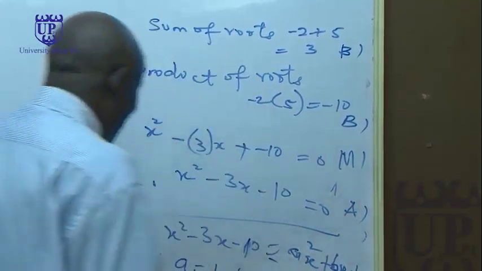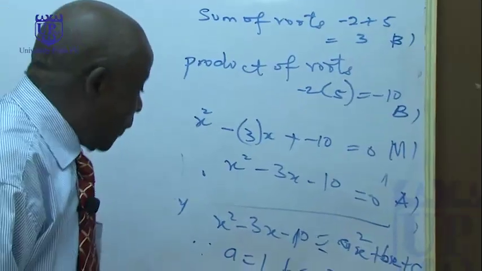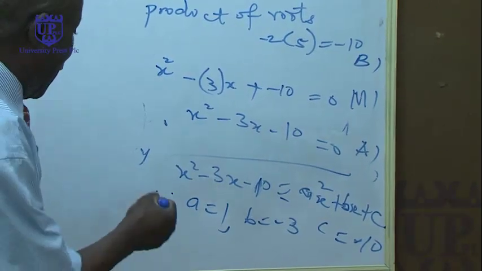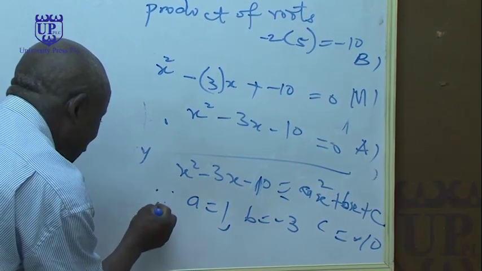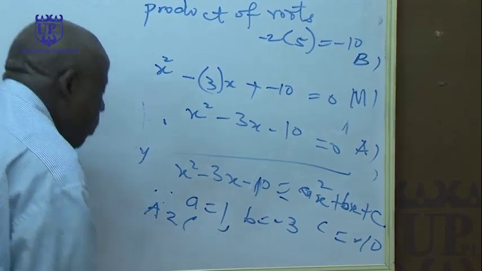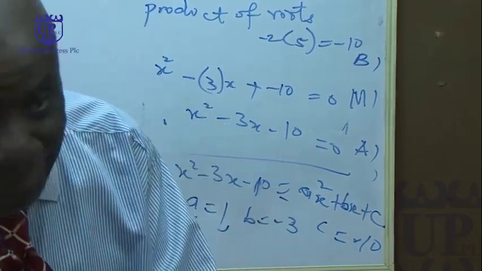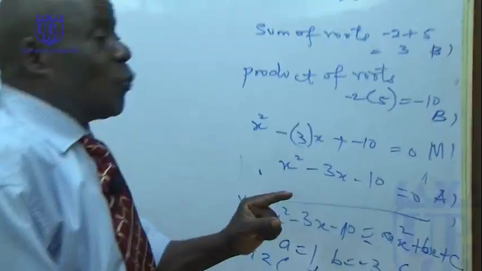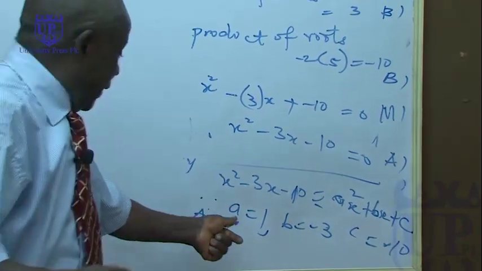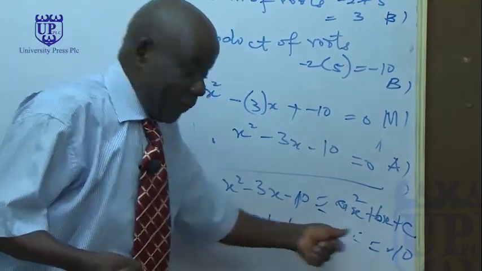Now, for a equals 1, b equals minus 3, c equals minus 10, they will say A2. Please, this is very important. They will say A2, minus 1 for each error. Again, 2 marks, but minus 1. We have 3 values: 1, 2, 3.